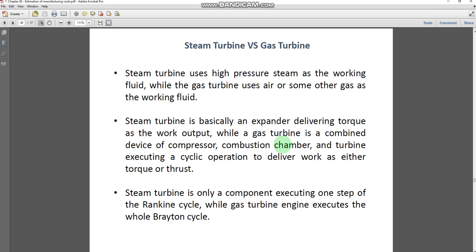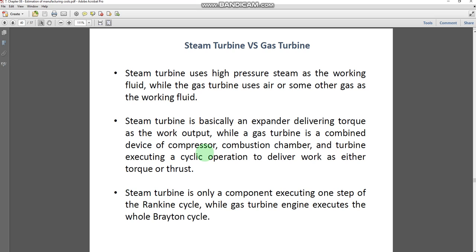However, in the gas turbine, there is a connection between the compressor, combustion, and the turbine on the same shaft. Usually the combustion happens in the combustion chamber, and then the gases expand into the turbine, which is on the same shaft where the compressor is attached. So all the processes are going on a single shaft, and you can have better process performance in the case of the gas turbine.